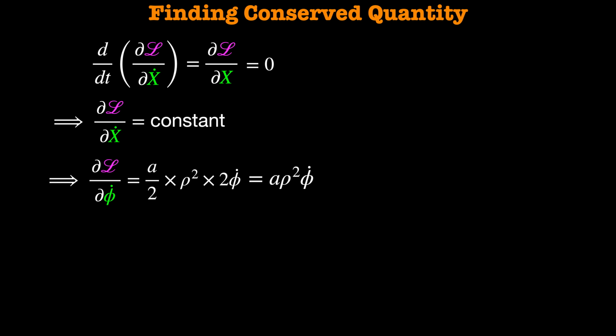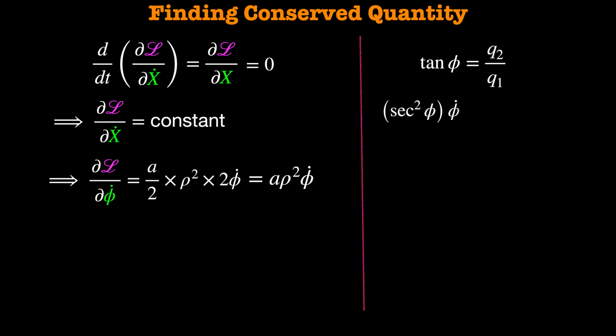Okay, so again recall your coordinate transformations, and you know our tan phi was q2 by q1. So take the derivative so that you can get the value of phi dot. If you take the derivative, your left hand side gives you sec square phi times phi dot, and the right hand side gives you q1 q2 dot minus q2 q1 dot divided by q1 square.